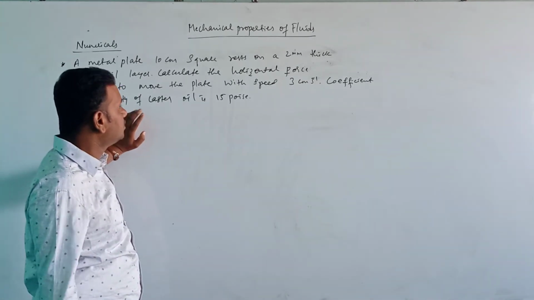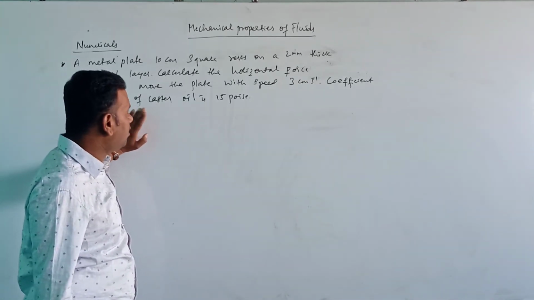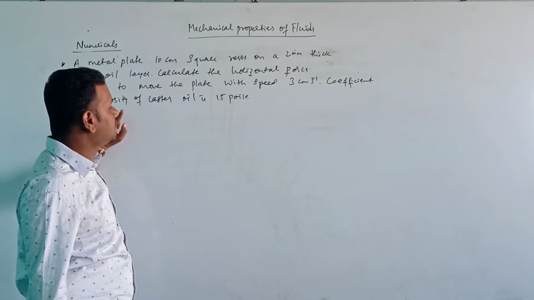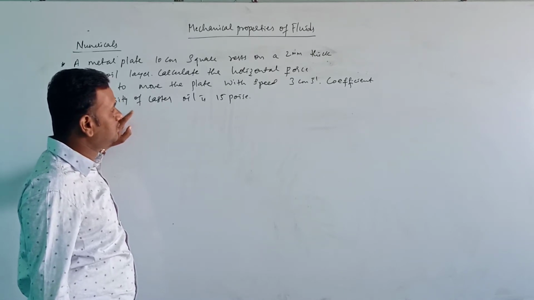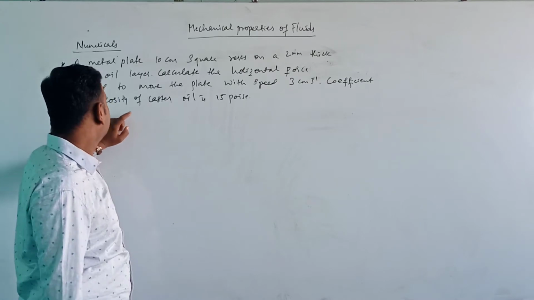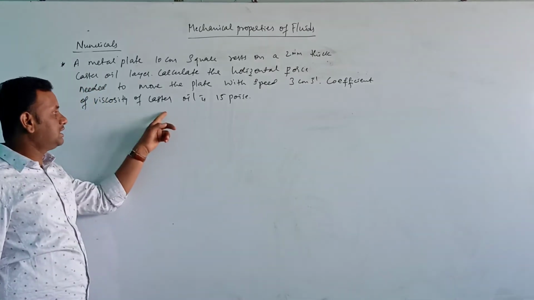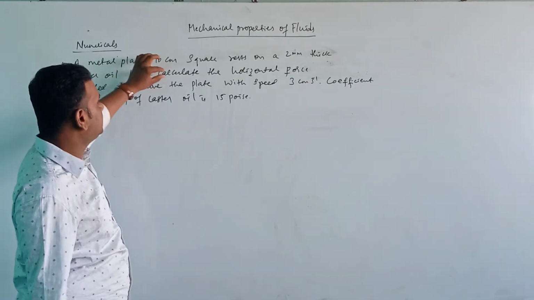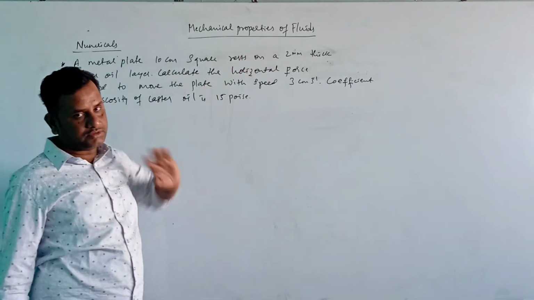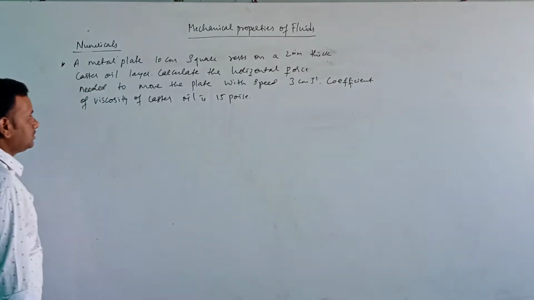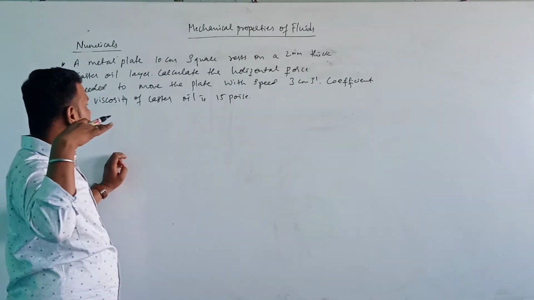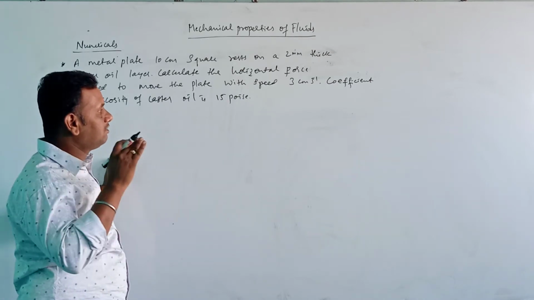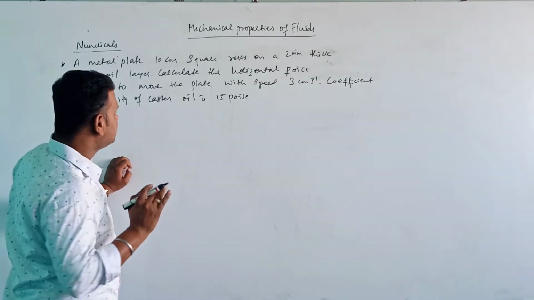Calculate the horizontal force needed to move the plate with the speed 3 cm per second, and the coefficient of viscosity of the castor oil is 15 poise. So we need to calculate the horizontal force to move the plate with a speed of 3 cm per second.